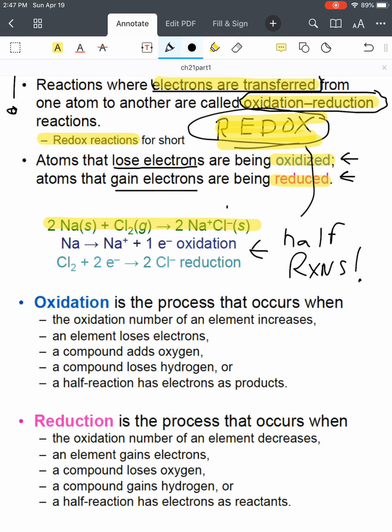What I'd like you to start to notice about these half reactions, and this is kind of important, okay? For this bottom process involving chlorine, notice that the electrons are a reactant here, and that's a characteristic of a reduction half reaction. The thing that's reduced, the electrons will be a reactant.